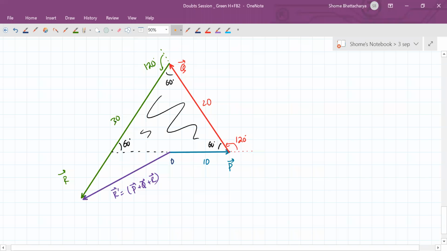So if this is an equilateral triangle, this side will have to be 20, which is the same as this side.